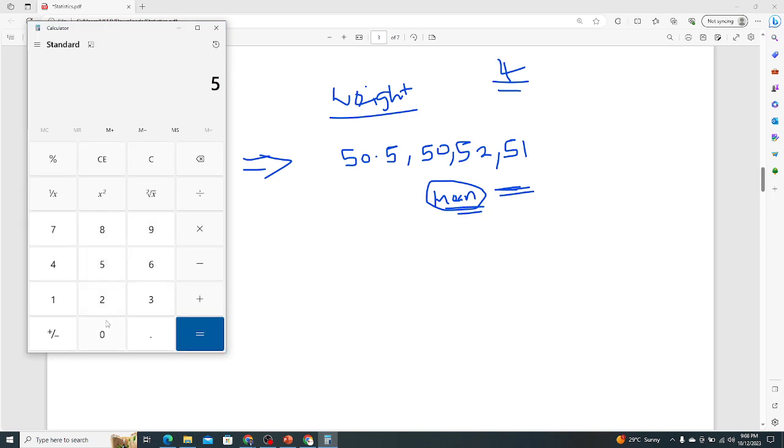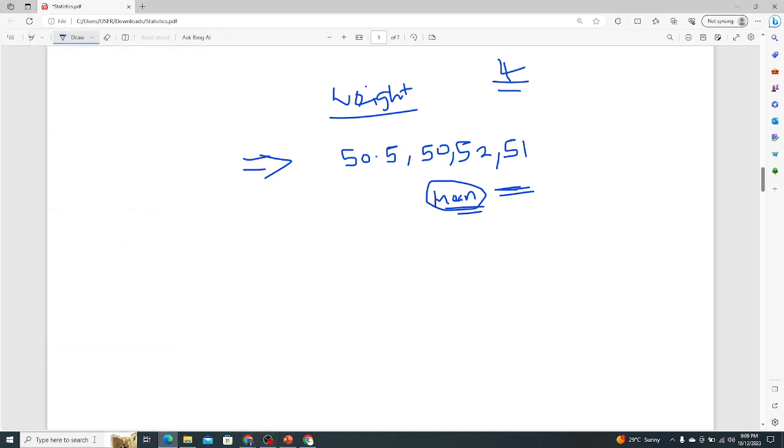Okay, we can do it together. So it is 50.5 plus 50 plus 52 plus 51. Okay, then divide by 4. What will be our average? Have I divided by 4 or have I just multiplied by 4?